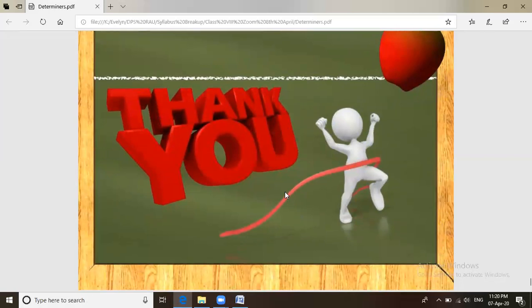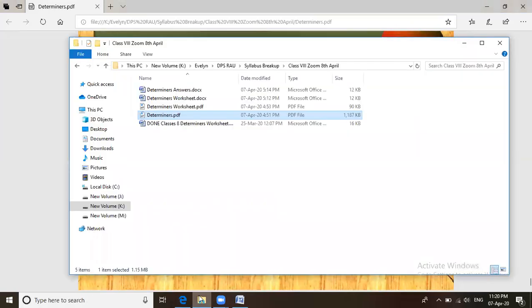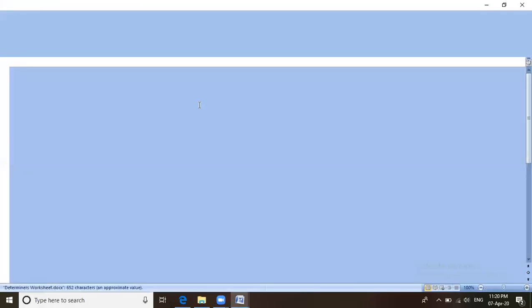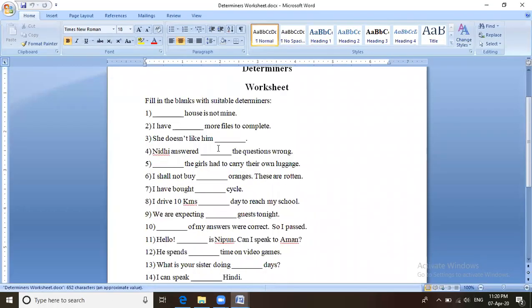All right, so this was a brief presentation. I have one worksheet for you all here. Now what I want you to do is not just fill in the blank with a determiner, but also tell me which class of determiner it is. So quickly jot down the word and also write in short what kind it is.